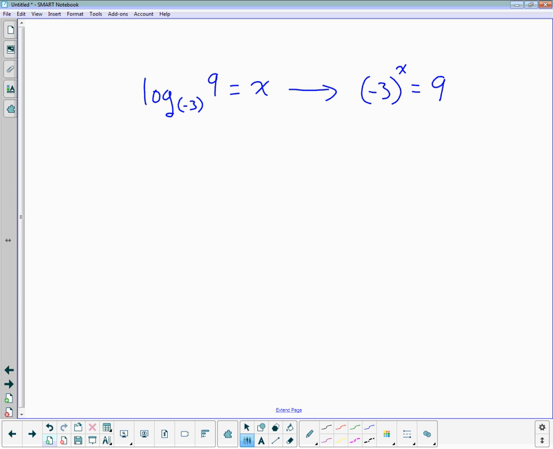What is x? 2, right? Fine. Here's the problem.